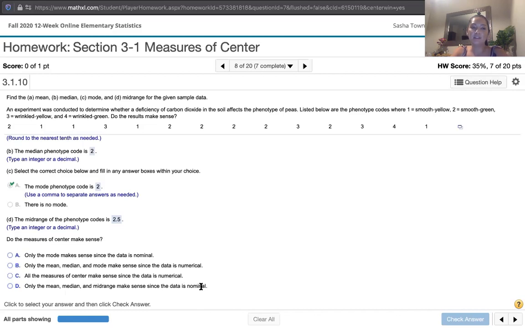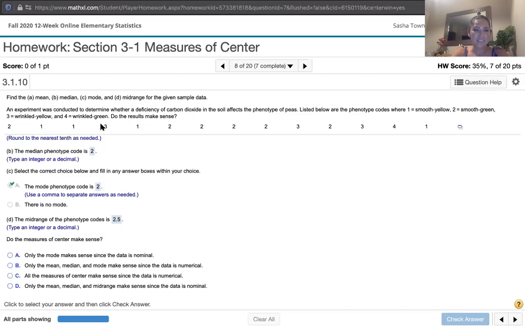Now remember, nominal data is data at the nominal level of measurement, which means it's categorical only. It can't even be ranked. Well, that's true when you're talking about phenotypes: smooth yellow, smooth green, wrinkled yellow, and wrinkled green. They can't even be ranked.